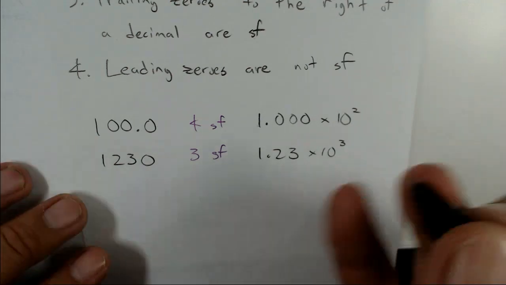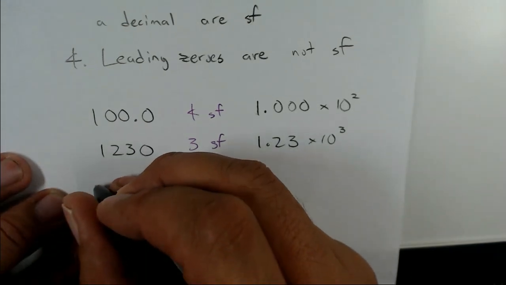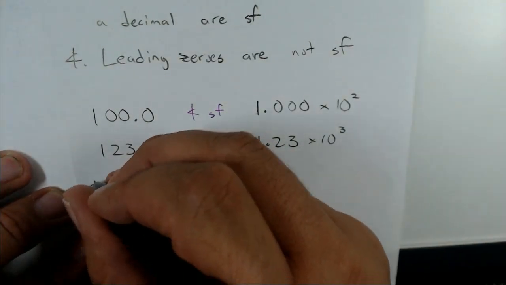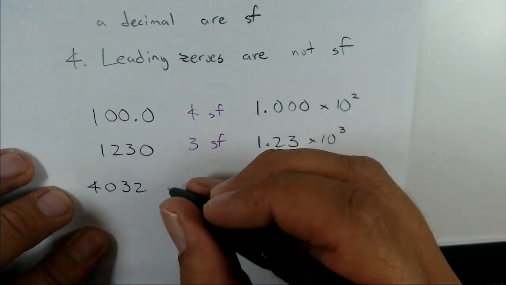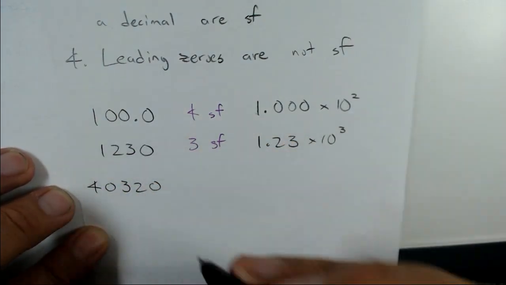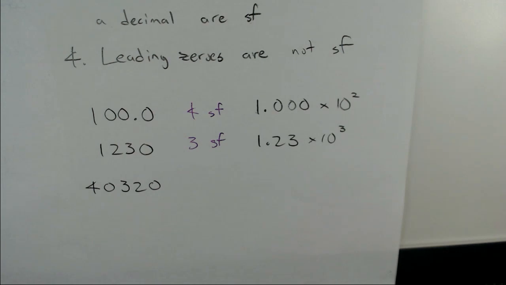All right, let's do a few more examples here. So this is 4, 0, 3, 2, 0. What do you guys think for that one? There are 4. So we have a few rules in play here. We have the non-zeros, and then we have that interior 0, which is also significant.